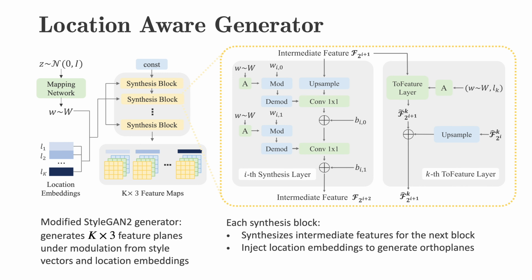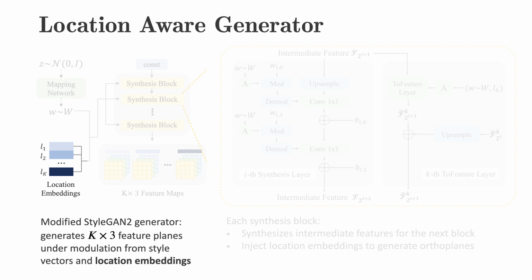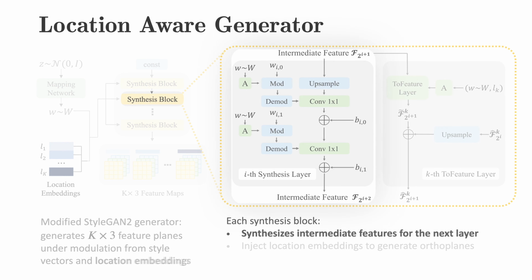Here we examine the generator architecture that is modified from StyleGAN2 to generate OrthoPlanes. First, it is a style-based generator, which means that it is a 2D convolutional network that is modulated by a mapping network. In our design, location embeddings are also used as a modulation for better spatial awareness. The 2D convolutional network is formed by a series of synthesis blocks.